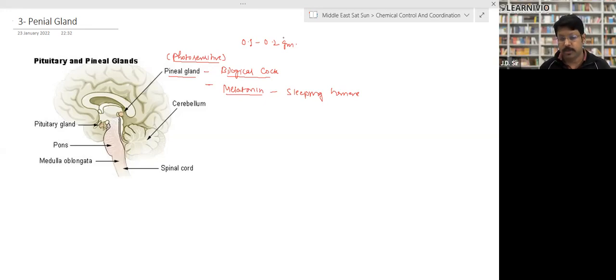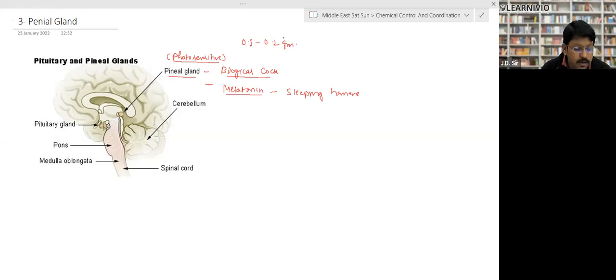Full stop. Next point. It is known to secrete melatonin hormone, which is called a sleeping hormone. Full stop.